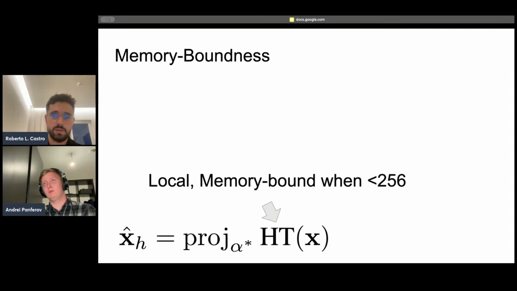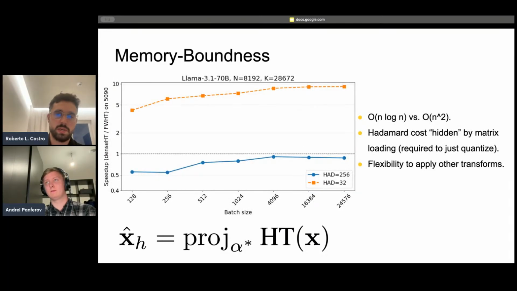When it's larger or equal to, well, this depends a bit on the architecture to use, but here in these slides or in these 5090 GPUs, for instance, the breakpoint is 256. So if it's 256 or larger, the problem becomes compute bound.